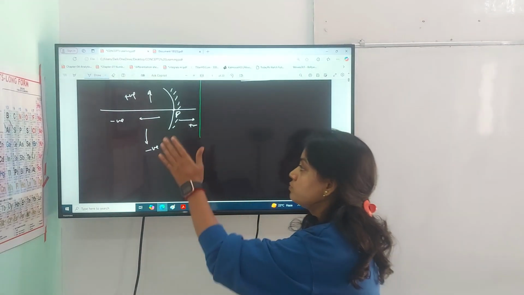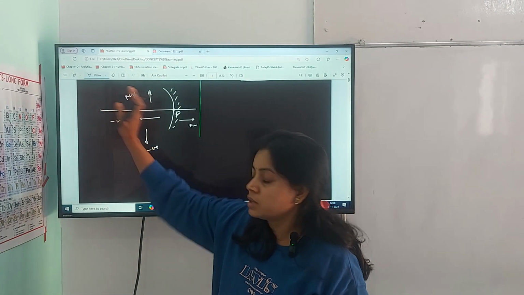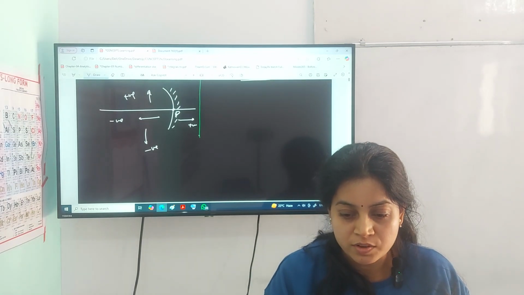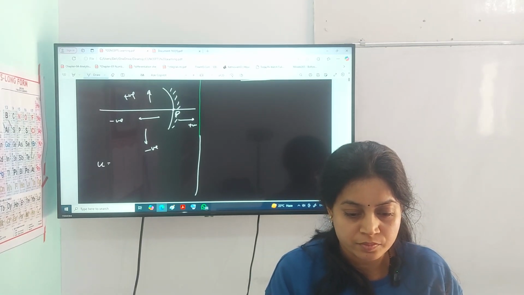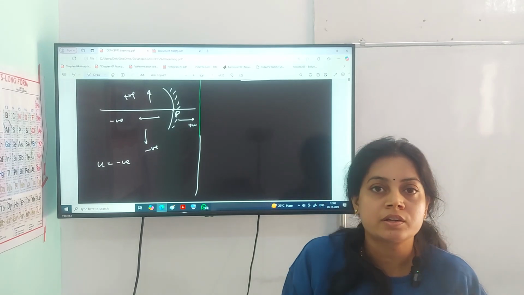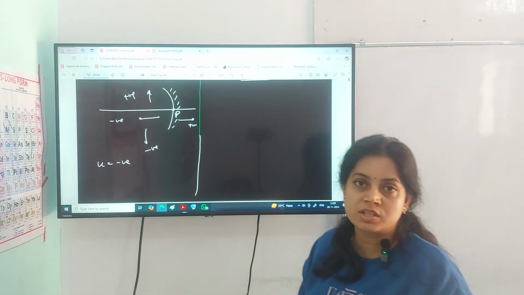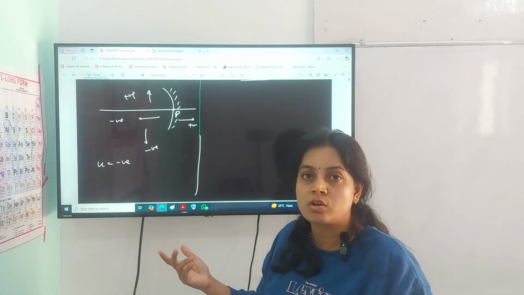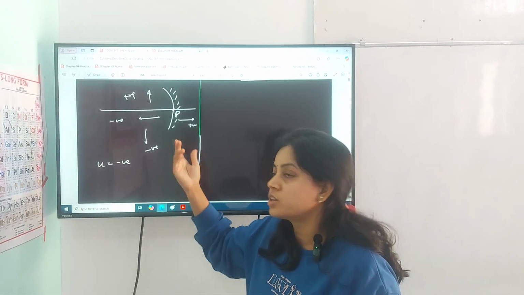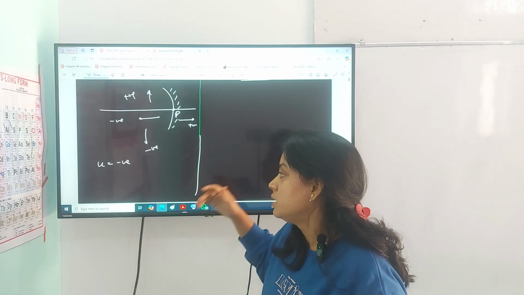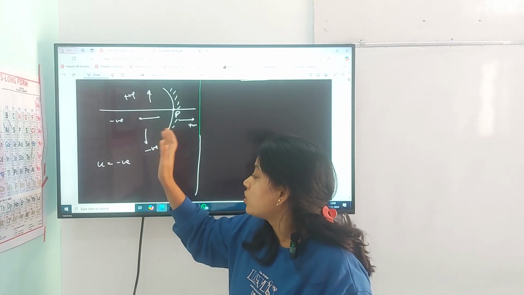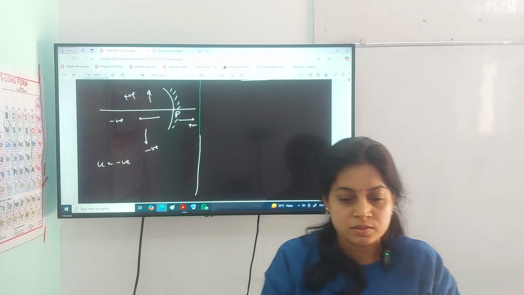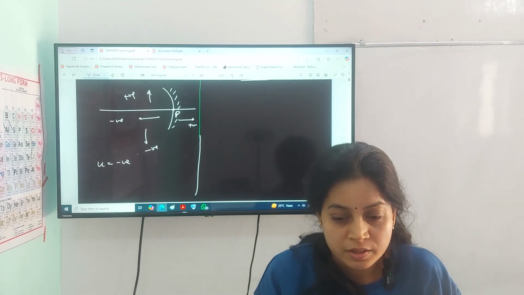Where we keep our object, we always keep our object on this side. So u is always negative conventionally. For class 9th and 10th, we always take the object as real, so u is always negative. In class 12th also, we will use some different virtual objects. In those cases, we will explain it later. So for class 9th and 10th, u is always negative conventionally, right?